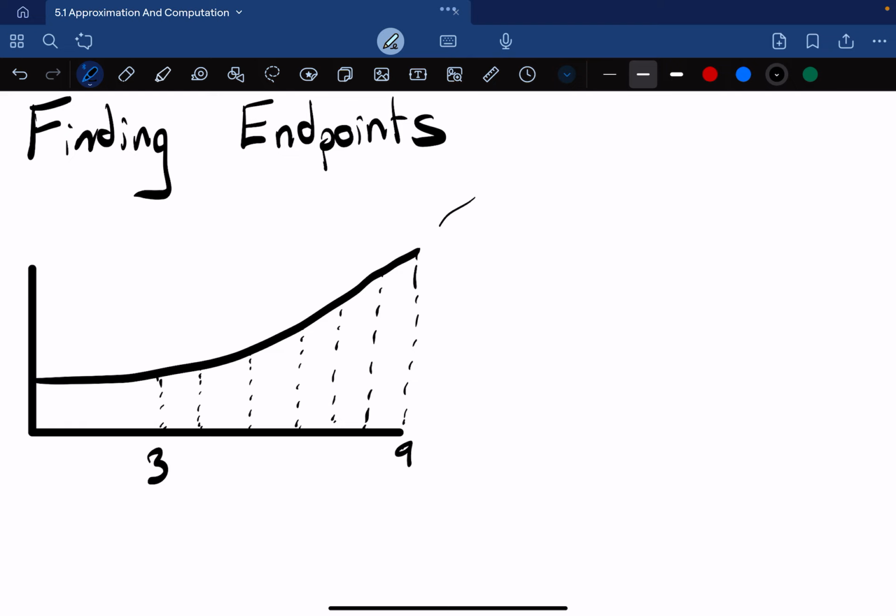So what does this mean? Well, this means that this line right here has an equation. So just purely as a reference, let's just say this curve is y equals 2x or something. Or you know what? We'll make it even nicer. We'll just say x squared.